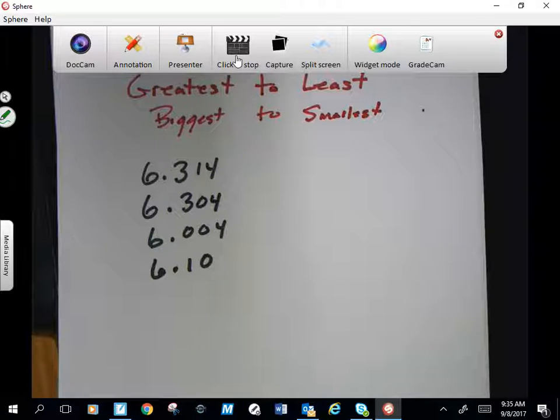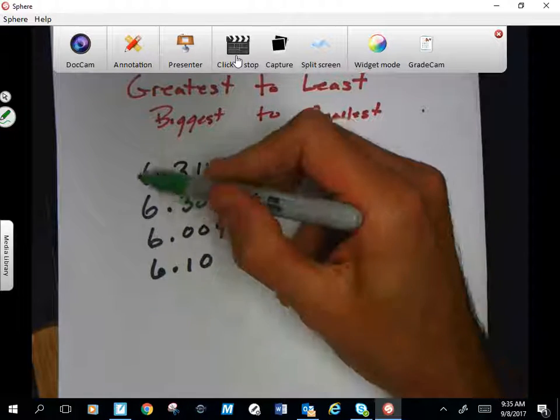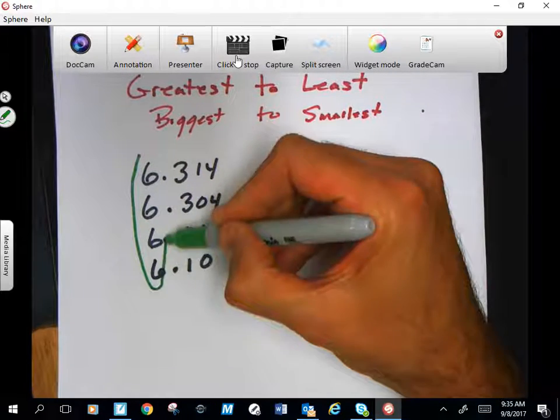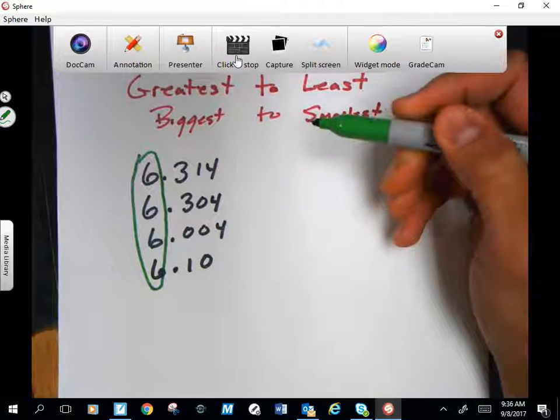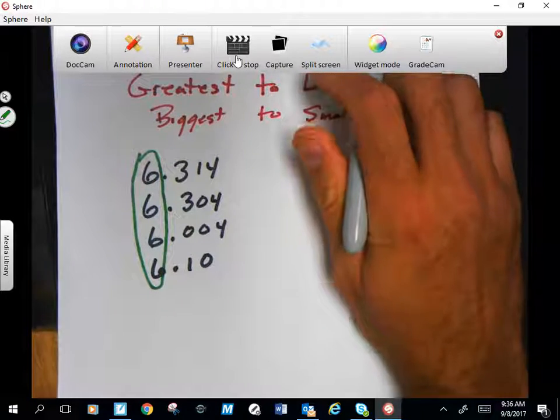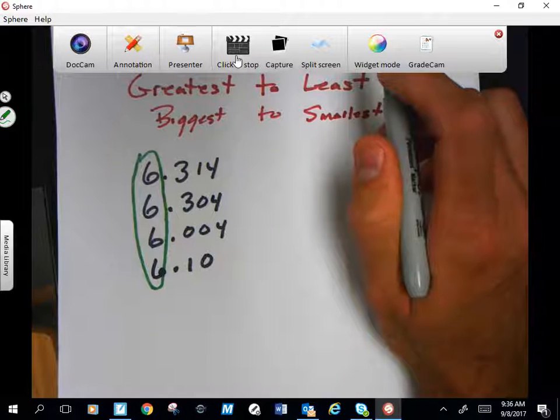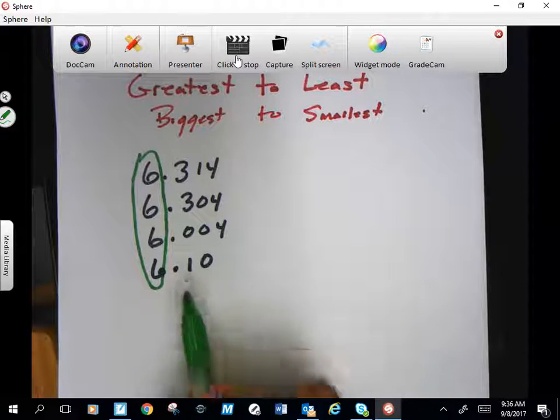Right, and what place value is that? The ones. So notice, all the numbers are very similar. They all have a 6 in the ones place. So we can't use the ones position to help us here. We have to go to the next position.